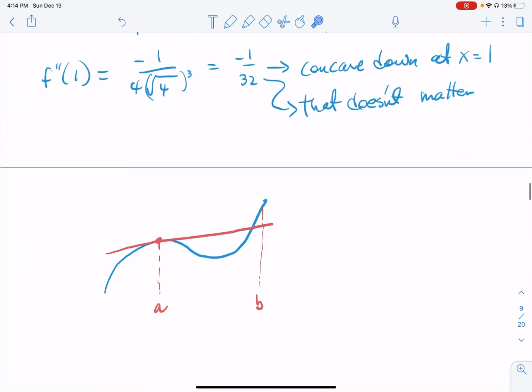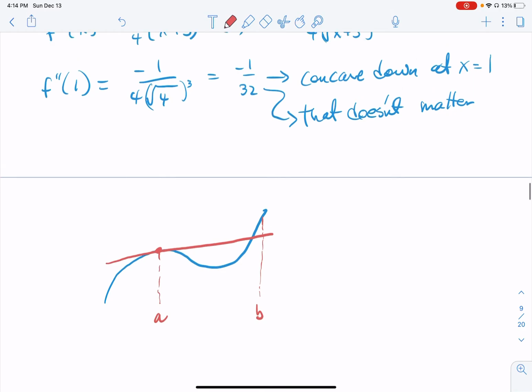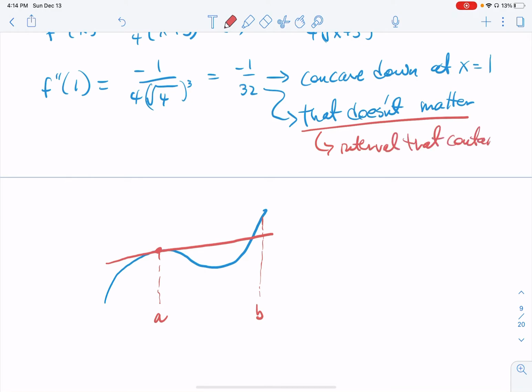This means that what you need to do instead is get yourself an interval. So right here, we want an interval that contains the function value you are trying to approximate.